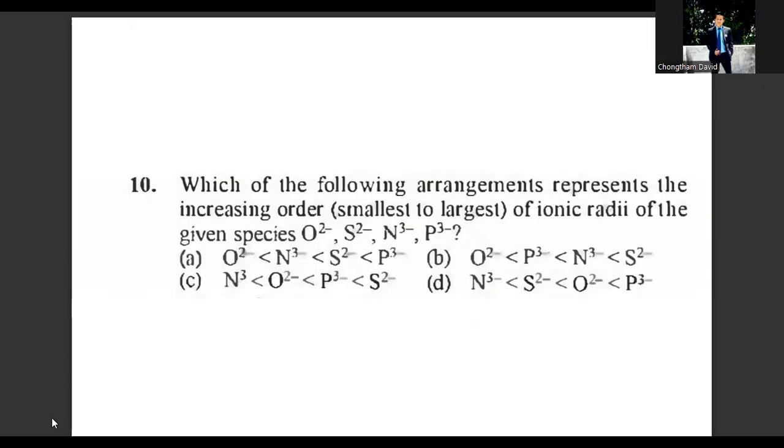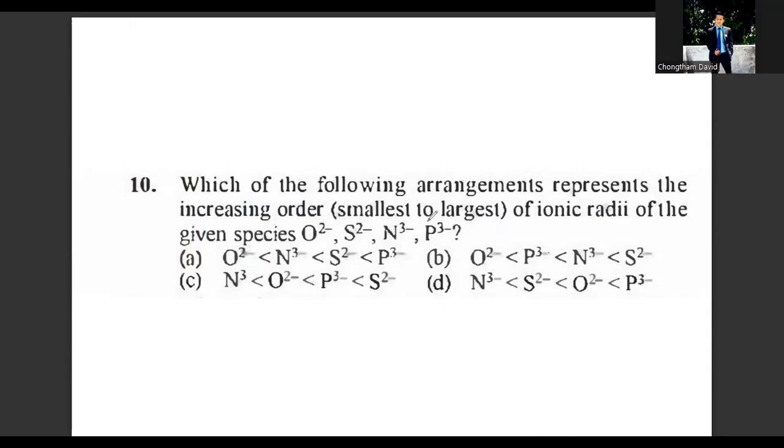Moving on to question number 10, which of the following arrangements represents the increasing order of ionic radii of the given species? O2 minus, S2 minus, N3 minus, P3 minus. See, these are isoelectronic species. We have to first check that.